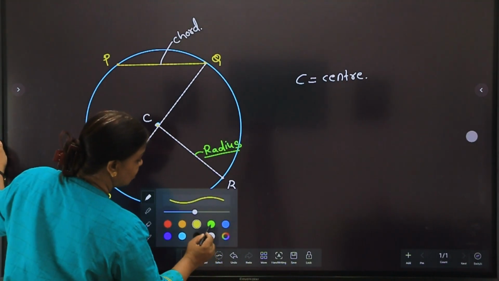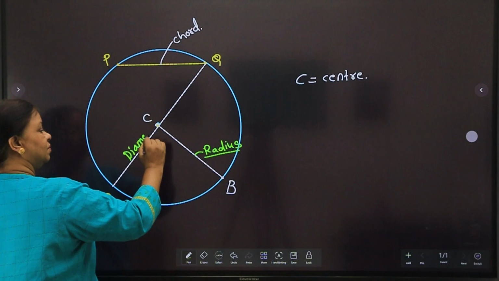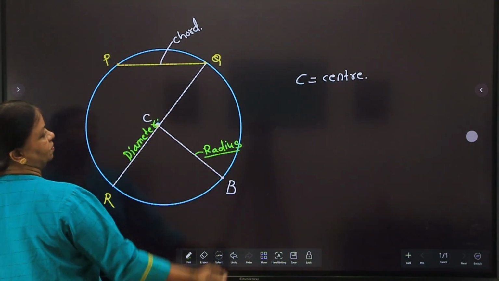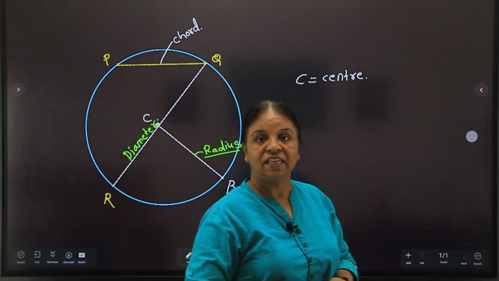So, this line is known as diameter. Diameter. So, these are the basics which you should know about the circle.